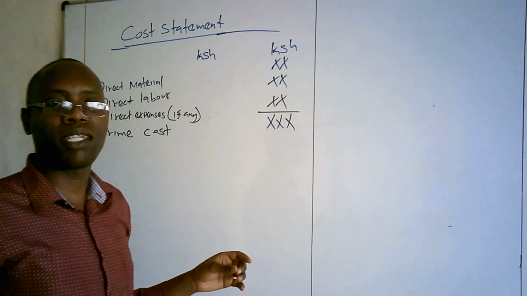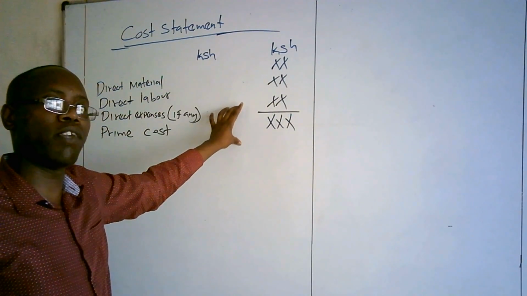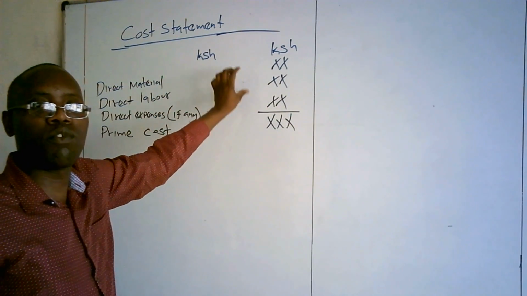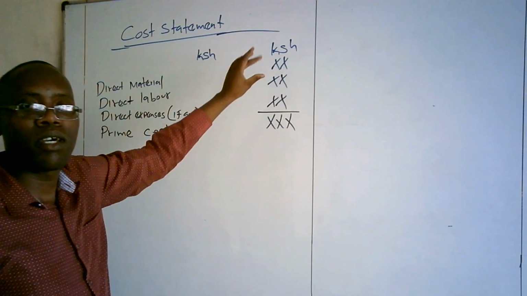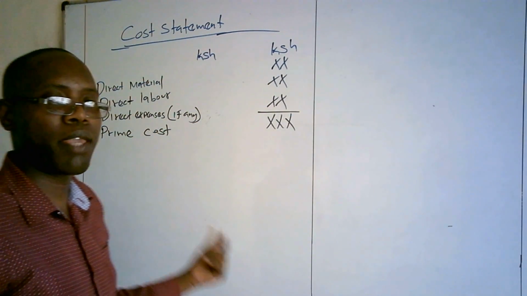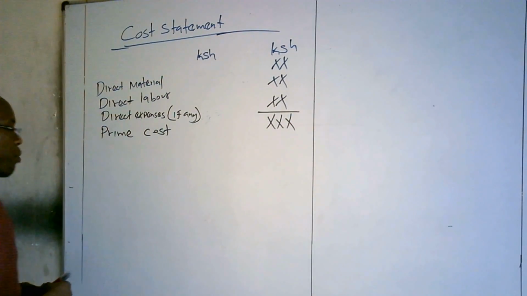And I've said that direct expenses sometimes in the question you may not be given. If they give you direct material and direct labor, you sum them up, and you will also have the prime cost. That's what you need to know.